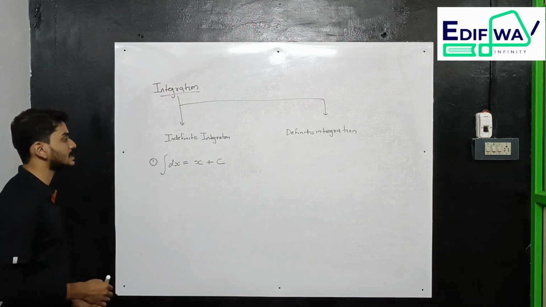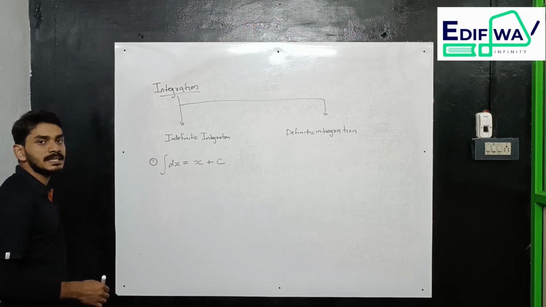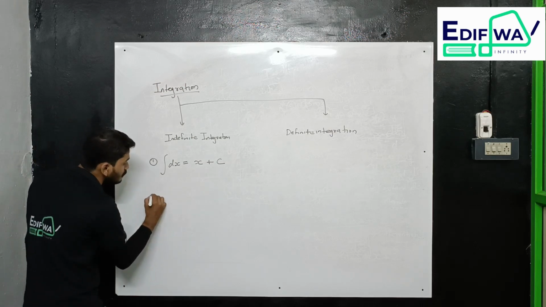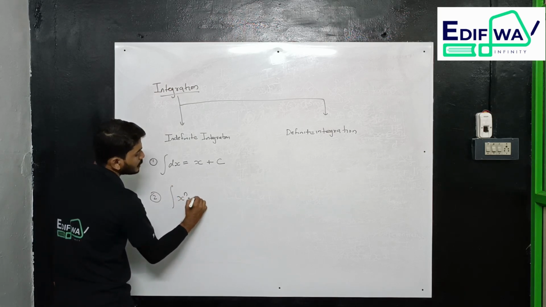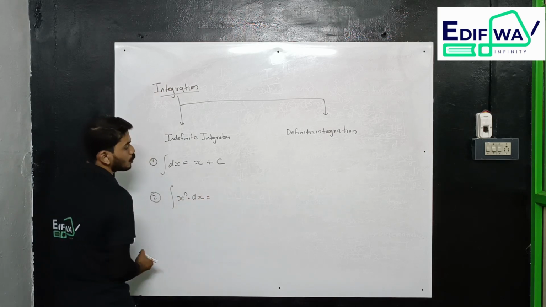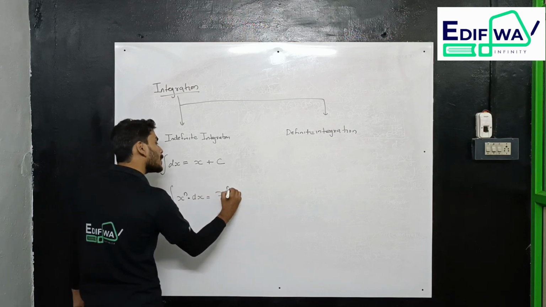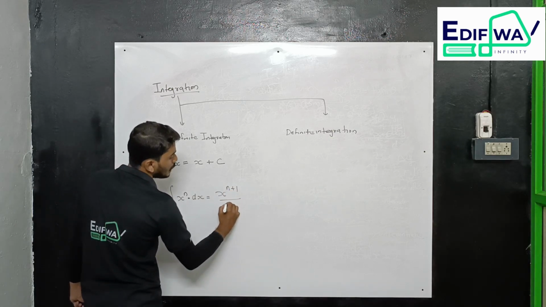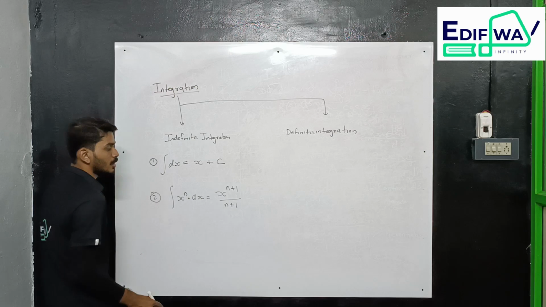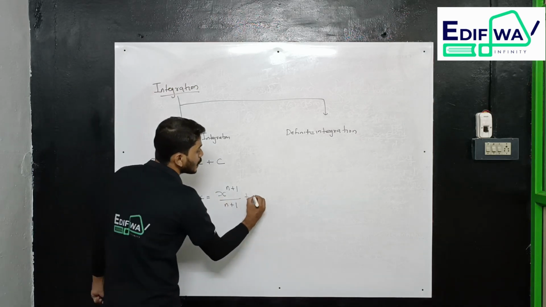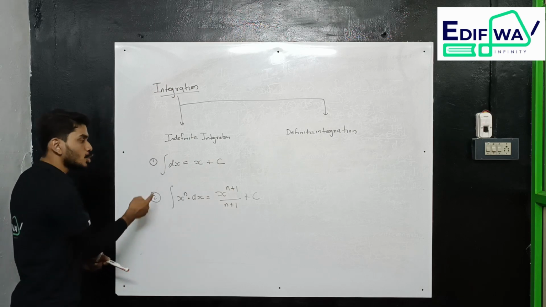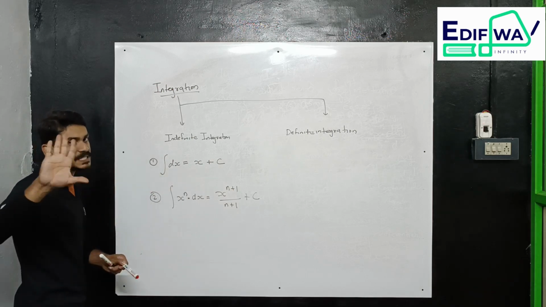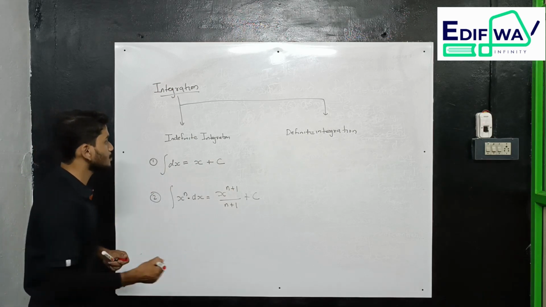The second one: integral x raised to n dx is equal to x raised to n plus 1 by n plus 1. Now you get the answer, and you put a plus c, because it is indefinite integration and no lower limit and upper limit is specified. Is that clear to you?